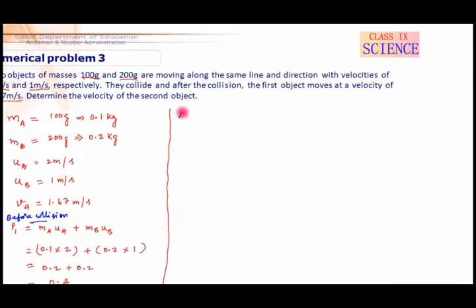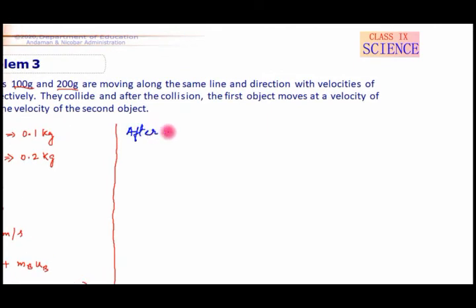Now we write after collision. Total momenta after collision. So here we write after collision P2 is equal to MAVA plus MBVB. Substitute the values.